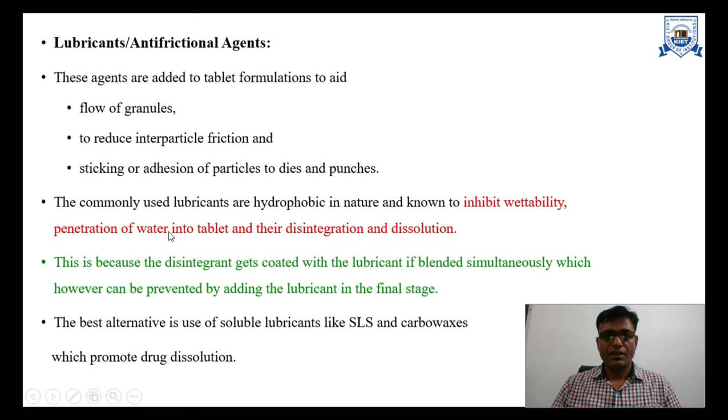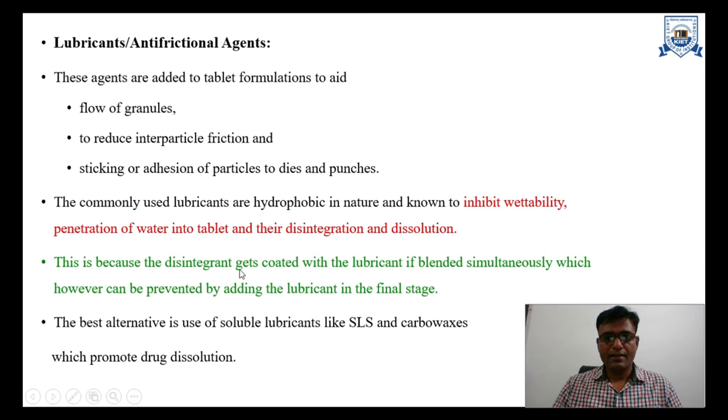Because these lubricants are hydrophobic in nature, they cause poor wettability and low penetration of water into the tablet, and the final disintegration time will be increased, so the dissolution rate will decrease and finally the absorption rate will also decrease. This is because the disintegrants get coated with the lubricant if blended simultaneously, which however can be prevented by adding the lubricants in the final stage.